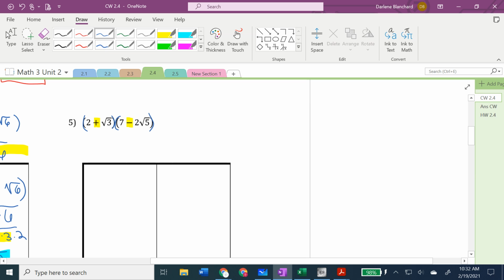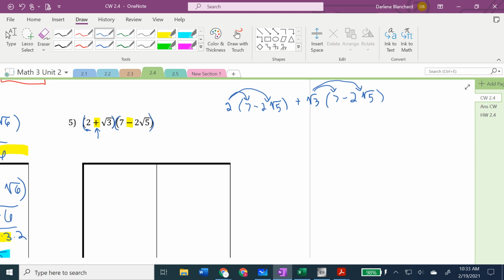So you can look at this as I have to take this 2 and multiply it over the parentheses and then continue distributing this and multiply that over the parentheses. And that creates 2 distributive properties.